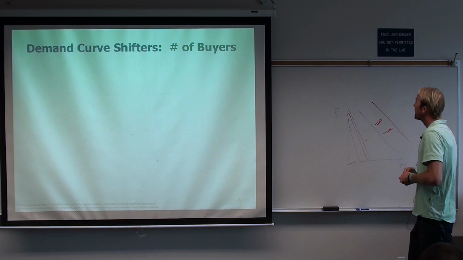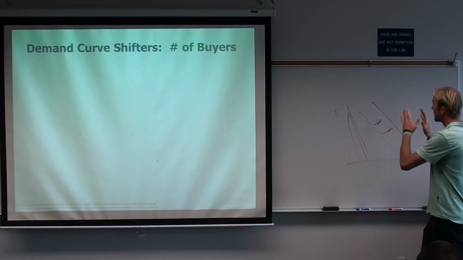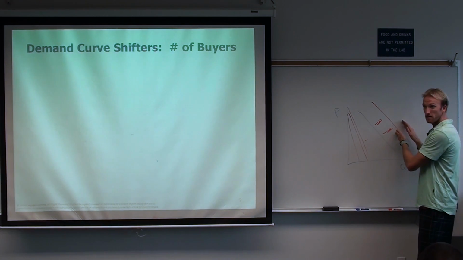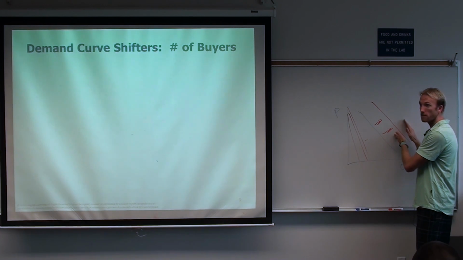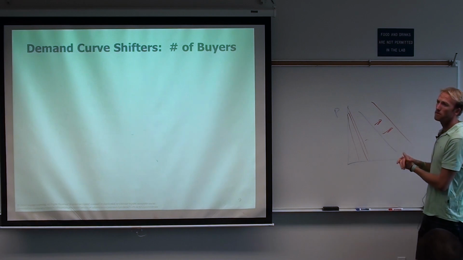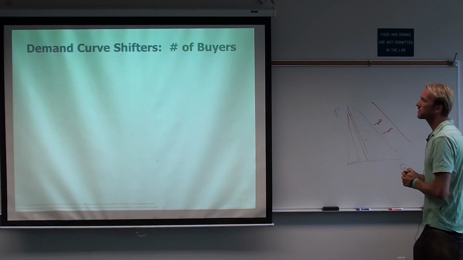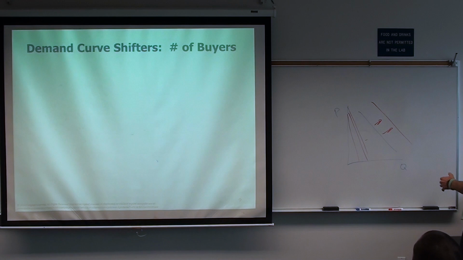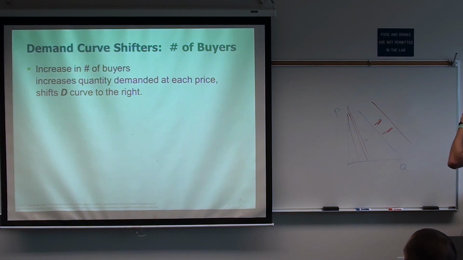All right. So there's a couple ways that I can say this. Demand increased. The demand curve shifted to the right, or even if you want to call it shifting up, you could use either of those terms. But this was due to the number of buyers. It shifts the D curve to the right.